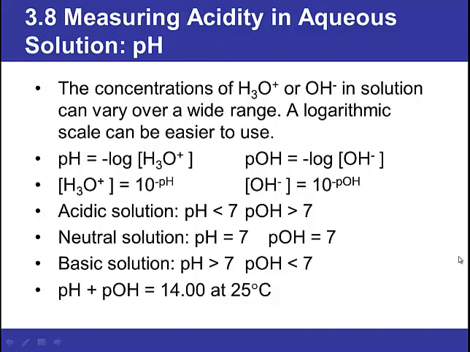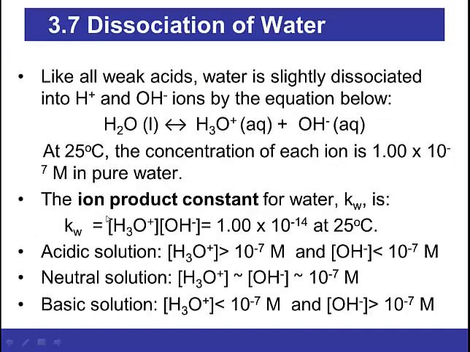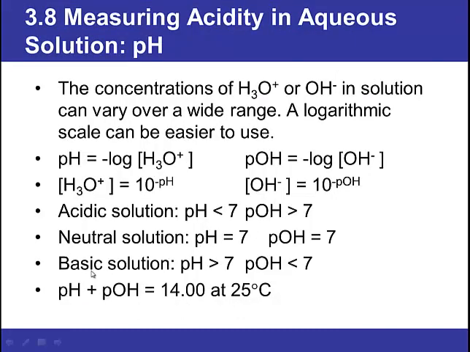So just like we saw in the equation back here, our concentration of hydronium ions times the concentration of hydroxide ions is equal to 1 times 10 to the minus 14th. So it's a constant rate of dissociation. We can see in our logarithmic scale that the pH plus the pOH has to equal 14 at 25 degrees Celsius as well. And so this is the logarithmic relationship of the equation that was on the previous page.